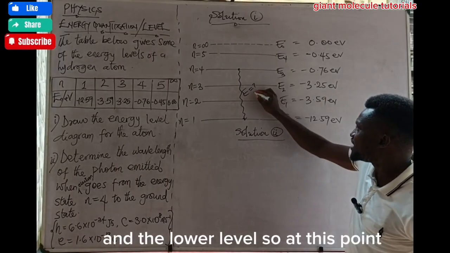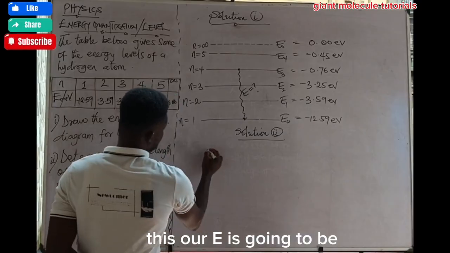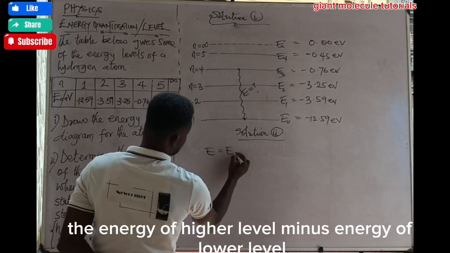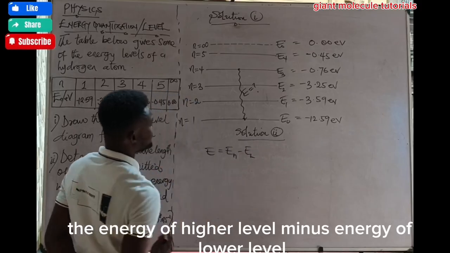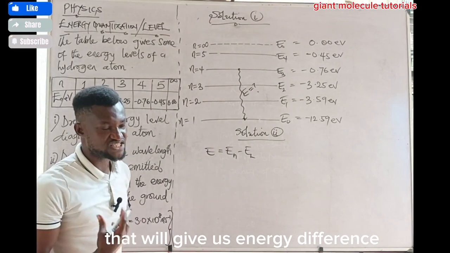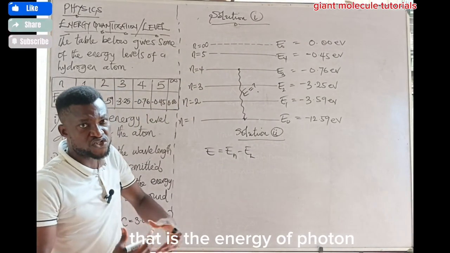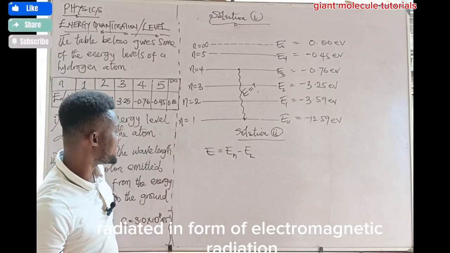So this E is going to be the energy of the higher level minus the energy of the lower level. That will give us the energy difference, which is the energy of the photon, or energy liberated in the form of electromagnetic radiation.